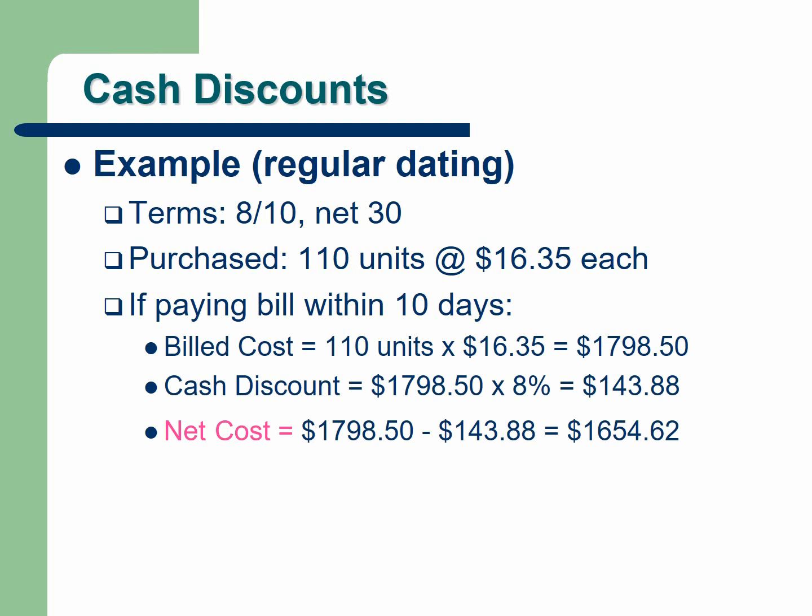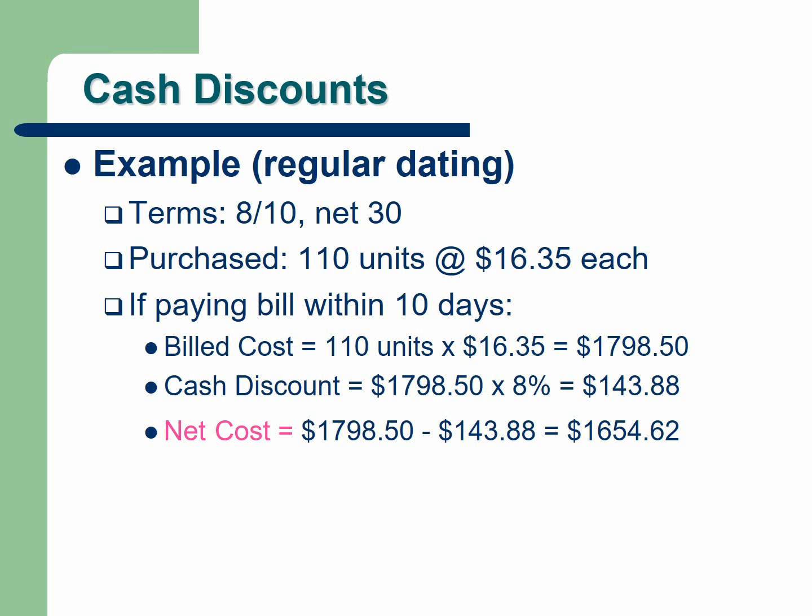So the bill cost in this case will be 110 units times $16.35, and that will be $1,798.5. And the cash discount, it says 8/10, so it's 8% if you pay in 10 days, right? So 8% of the bill, $1,798.5, will be the cash discount, so it is about $143.88.